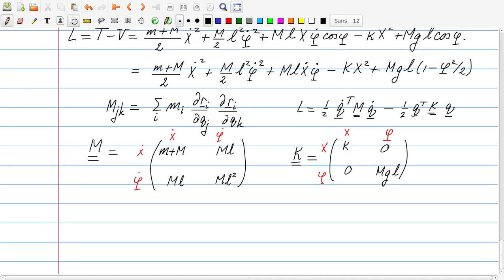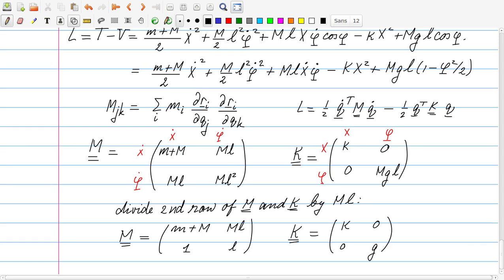Looking at this matrix, it is clear that we can divide the second row by ML, because that's present in all the elements. And then we have simplified, somewhat cleaner versions of the matrices. M has now a simpler second row and K as well.